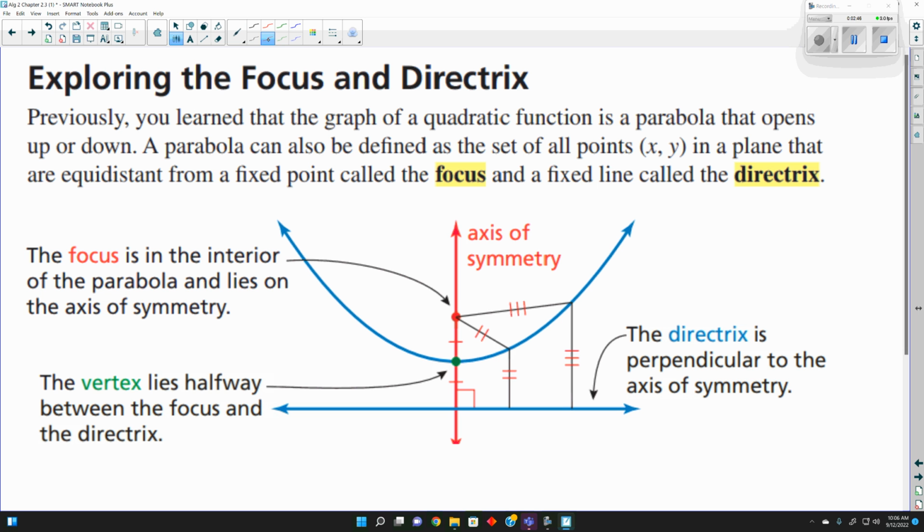And it's perpendicular to the axis of symmetry and is the same distance away from the vertex that the focus is as well. So these are kind of some of the key details. Now, there's a method that we could go through using the directrix in these links here to actually find out what the equation is. But we're not going to deal too much into that or go through the process of finding that. Any questions on this so far?